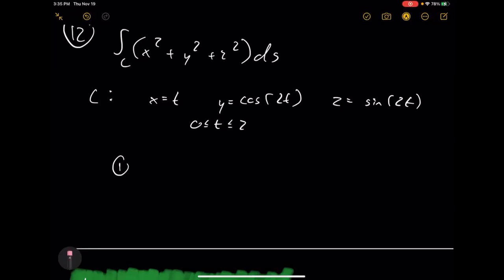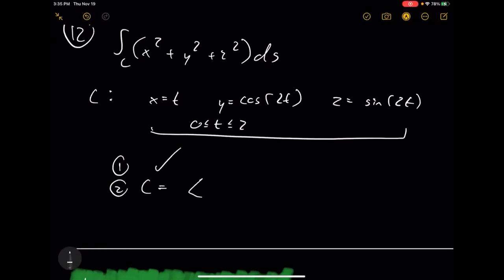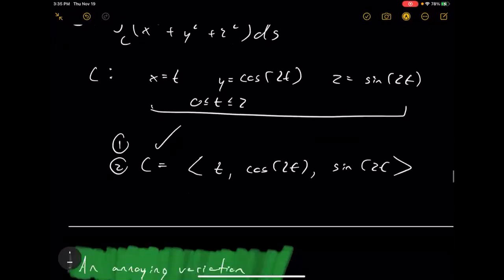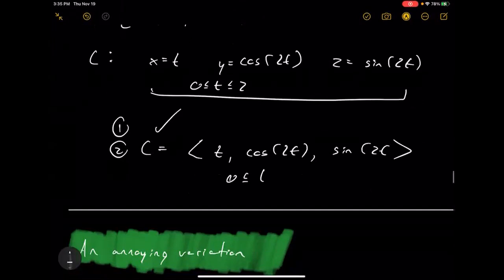C is just made up of one curve, so that doesn't need to be done. Step 2, find the parameterization for the curve. Well, this is what they've given us. They're saying C is equal to that vector valued function t, cosine of 2t, sine of 2t, for t between 0 and 2 pi.